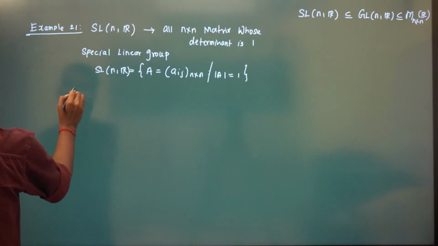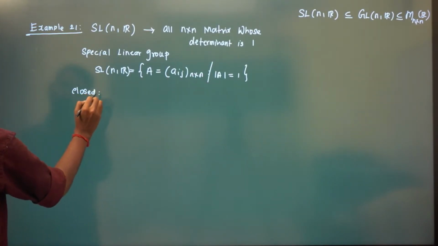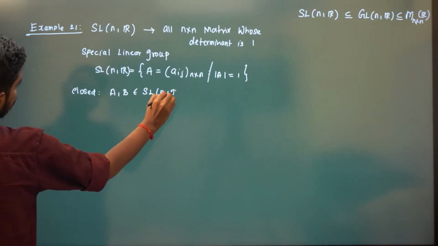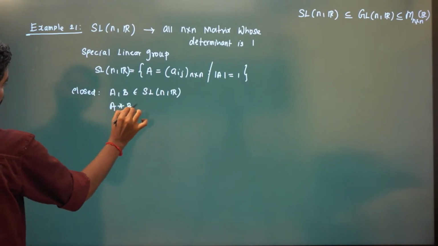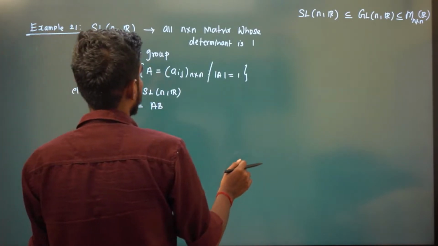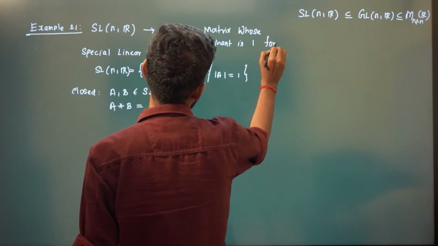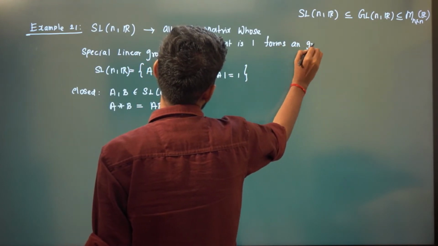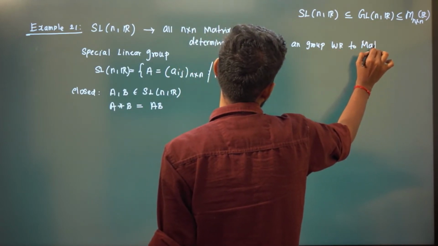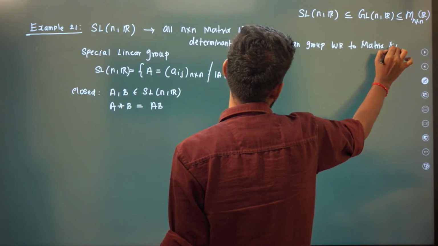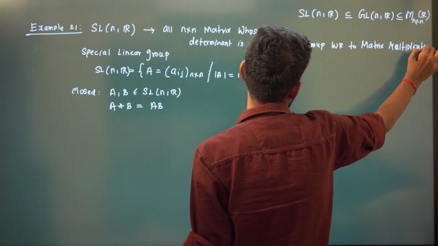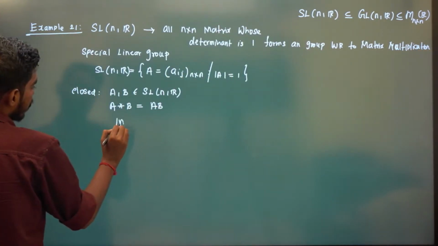So again, it is closed. Because you take any two elements in SL(n, R). So what about A star B? A star B is AB because it is the usual matrix multiplication, with respect to matrix multiplication. See, what about determinant of AB?